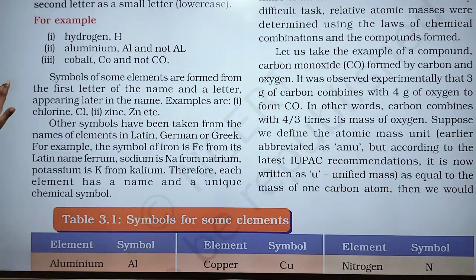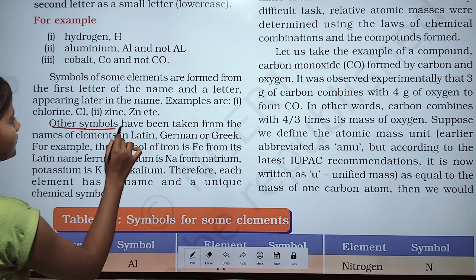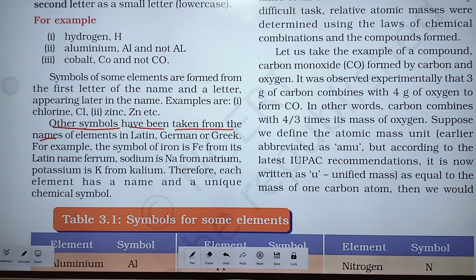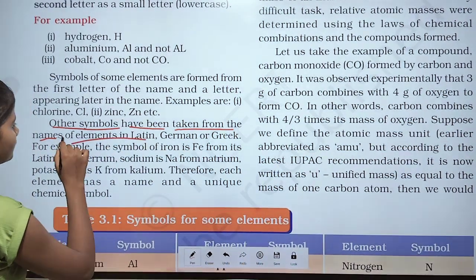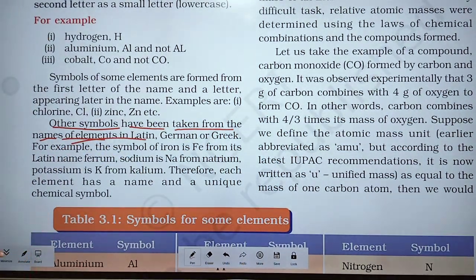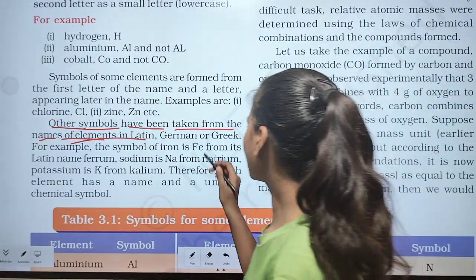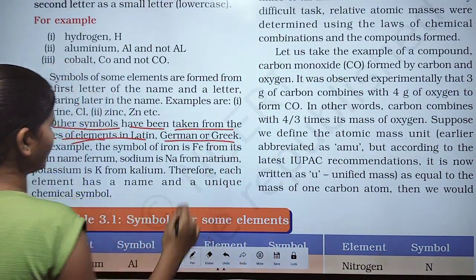Other symbols have been taken from the name of the element in Latin, German or Greek.